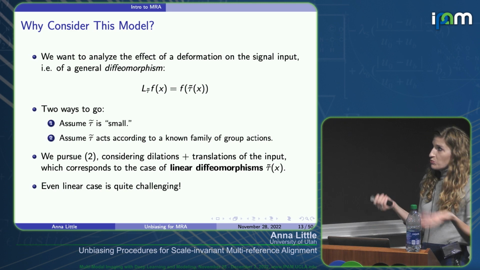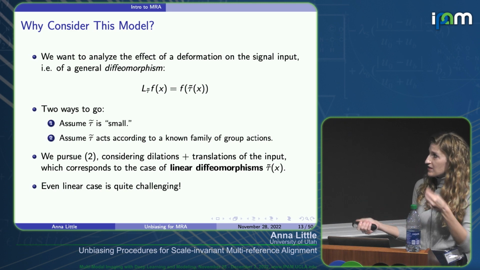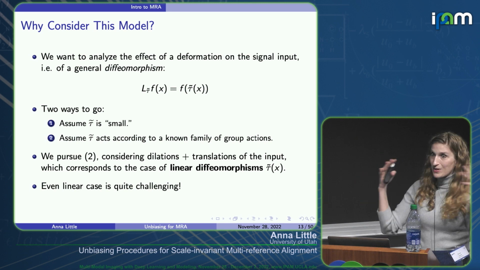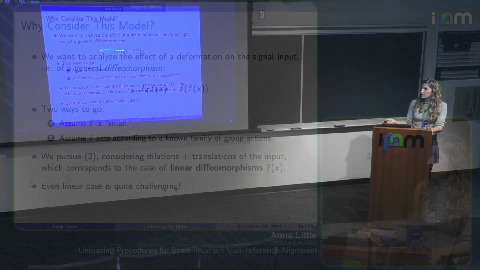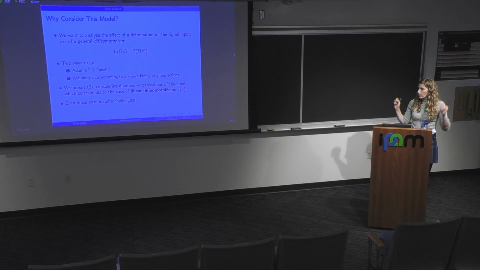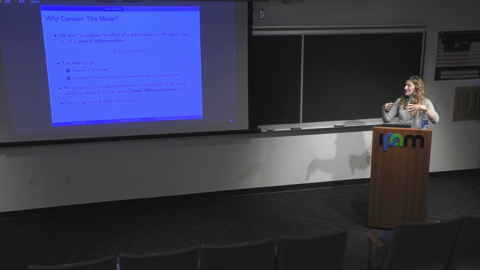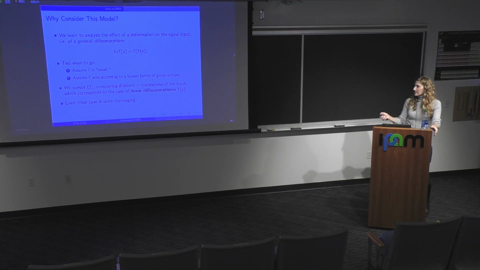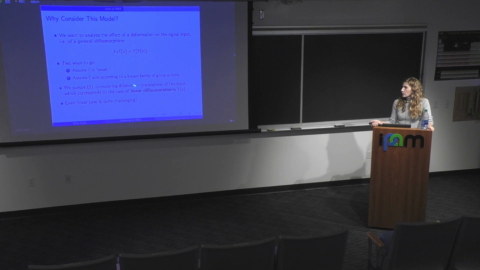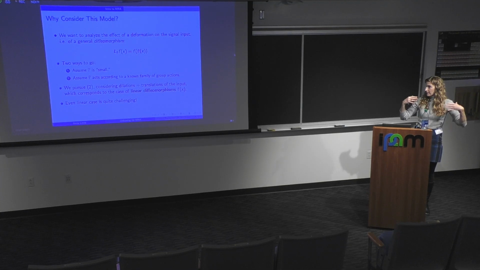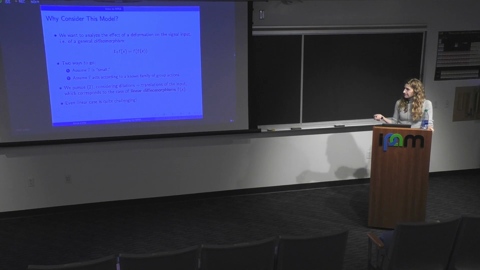And so you basically have two options. The first is to assume that this deformation is small in some sense. Maybe the norm of the derivative is small. You put some conditions assuming that these deformations are small under some norm. Or the second option, which is what I'll explore today, is you assume that there's some structure to these deformations. So you assume that this tau tilde acts according to a known family of group actions. Maybe you're dealing with translations, dilations, rotations, and you plan your analysis accordingly.